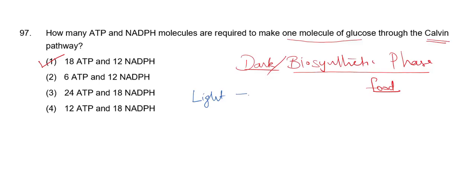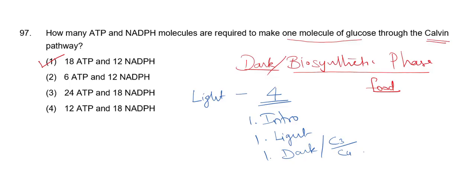Very important. From this topic, photosynthesis of higher plants, 4 questions are sure. 1 question from introduction, 1 question from light reaction, 1 question from dark reaction of 2 types, C3, C4.